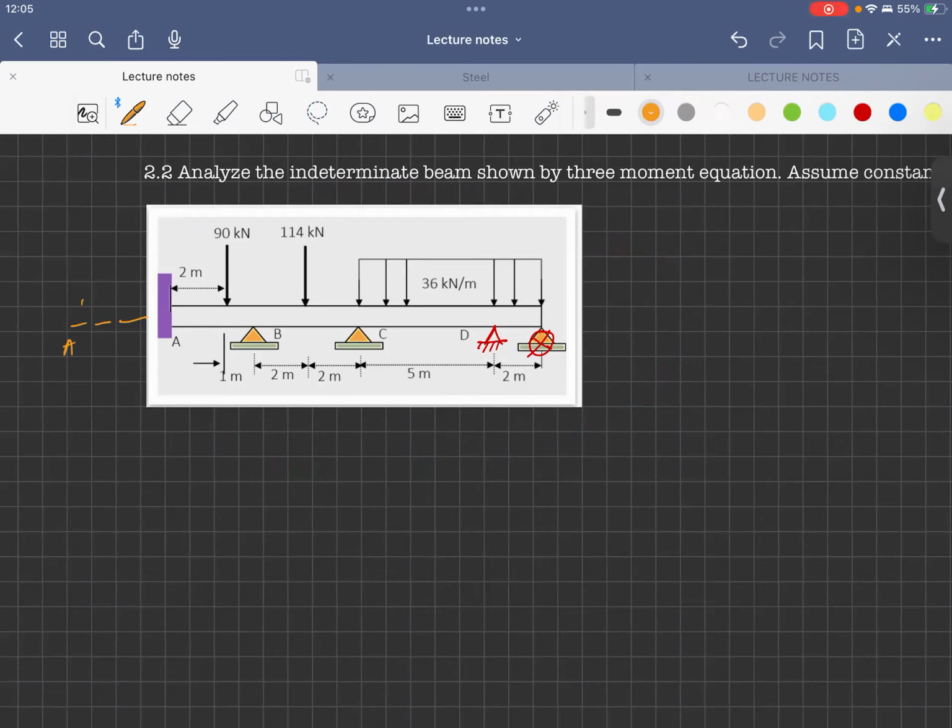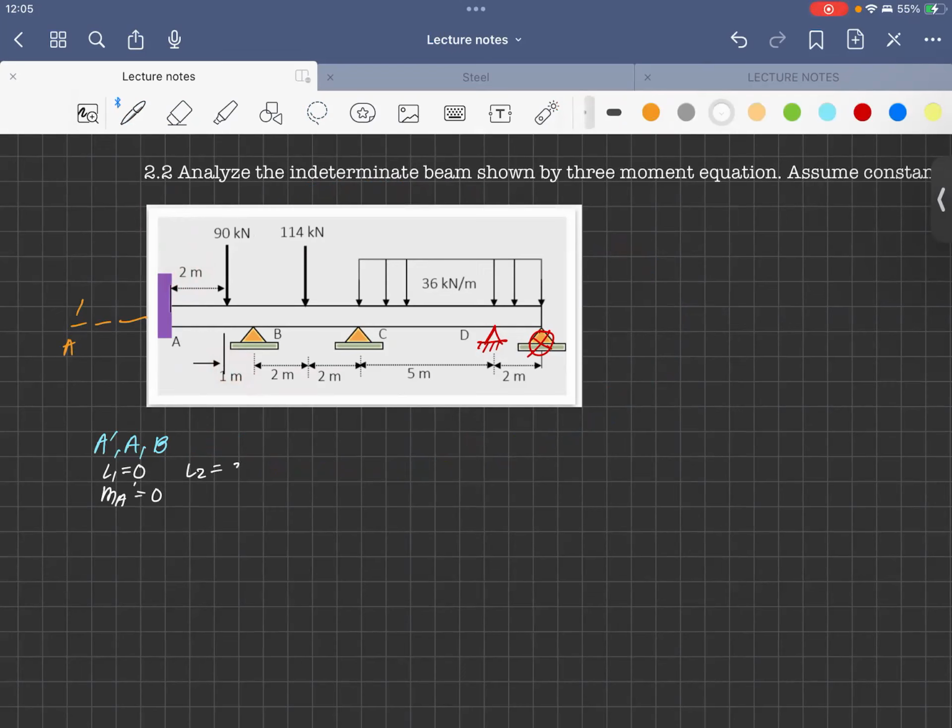Going to add A prime. So again, the points we place are A prime, A, B. And then the length, of course, L1 is 0 because it's imaginary. MA prime is equal to 0 because it's imaginary. Your L2 is, how much is that? 2 plus 1 is 3.